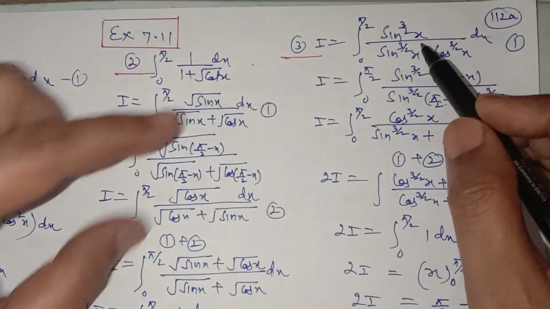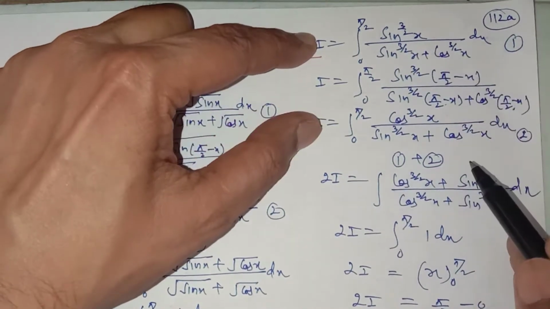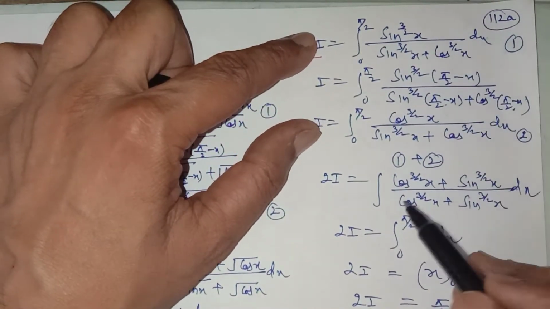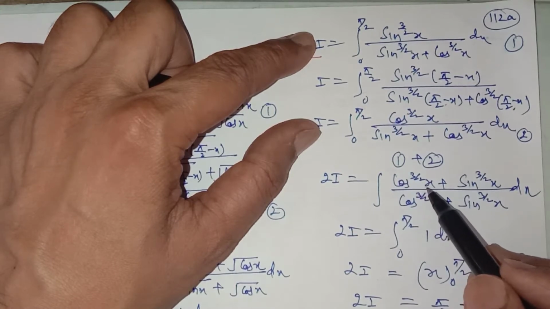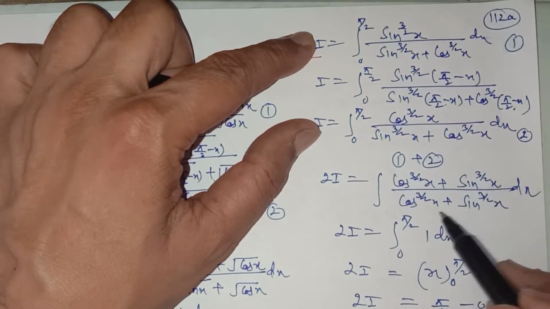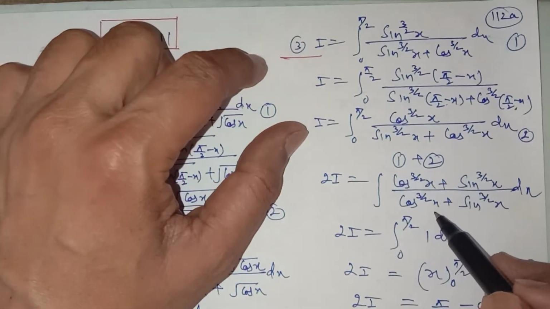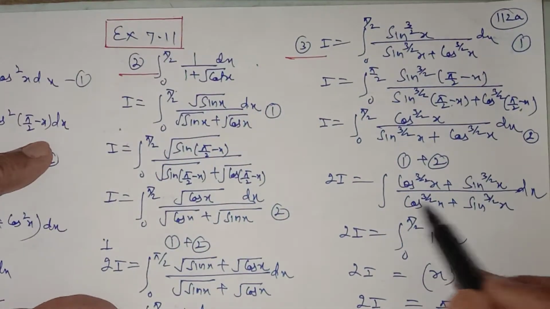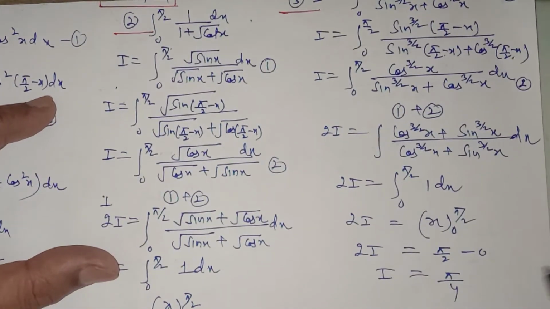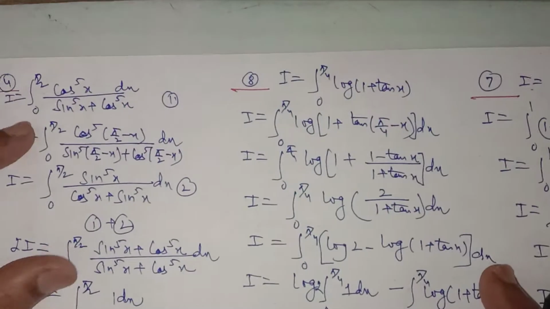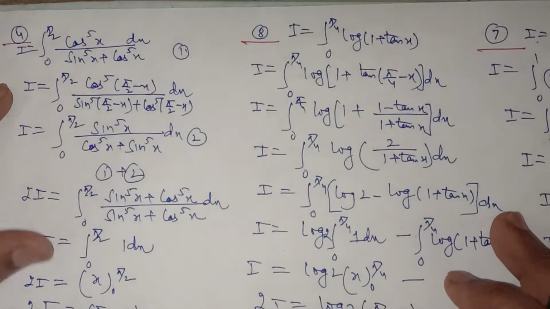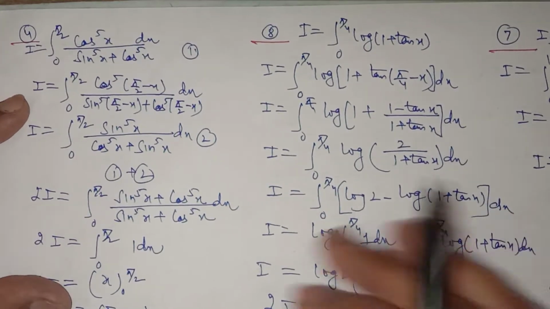Now again add step number 1 and 2. In the numerator we have the same, cos raised to power 3 by 2 x plus sin 3 by 2 x upon cos raised to power 3 by 2 x plus sin 3 by 2 x, cancel out. It will be 1, and you have to integrate only 1. So these are somewhat easy questions. These properties of definite integral make the question almost very easy.